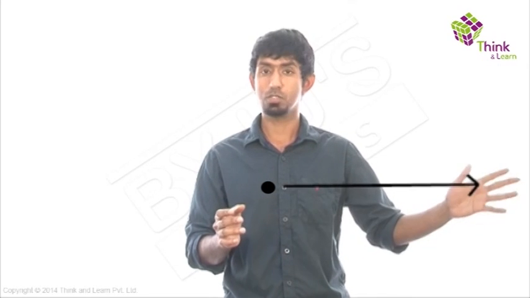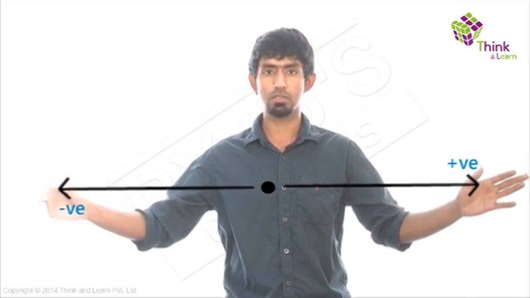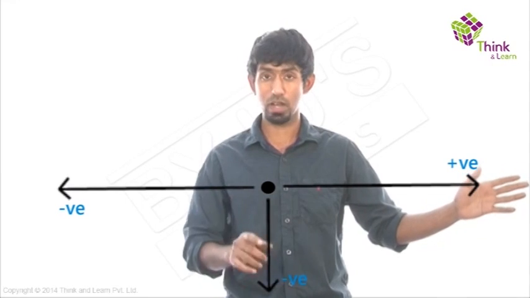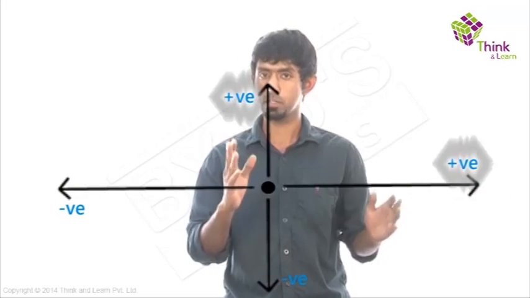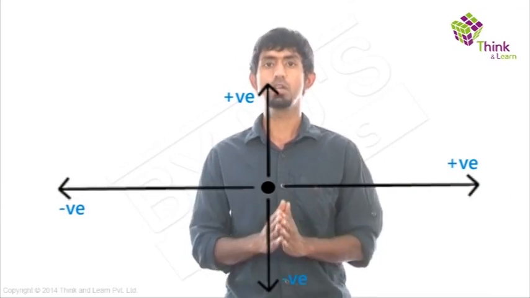Anything right is positive. Anything left is negative. Anything down is negative and anything up is positive. So right and up positive, left and down negative. So if you were to stick to that and any length you measure, just put the signs appropriately, we are good. Because before this, there was a pretty difficult convention where you measured this way in a particular manner, that way. No, it's very simple right now.